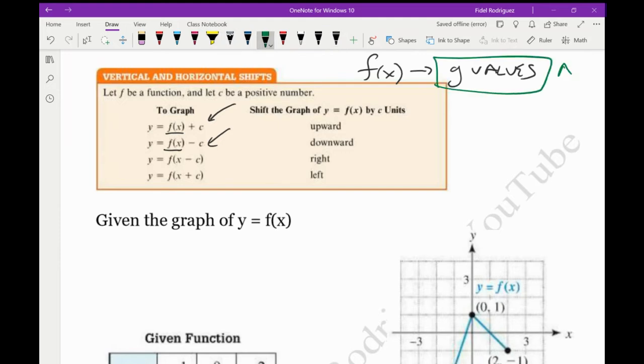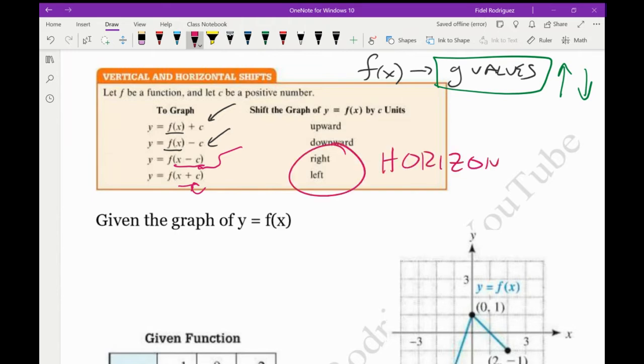So my graph will either be going up or going down. And if the minus c or the plus c is inside those parentheses, then this is going to be a horizontal shift, so we're going to be moving the graph either left or right.